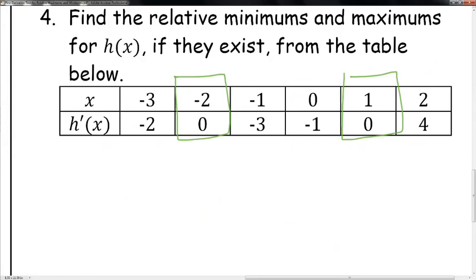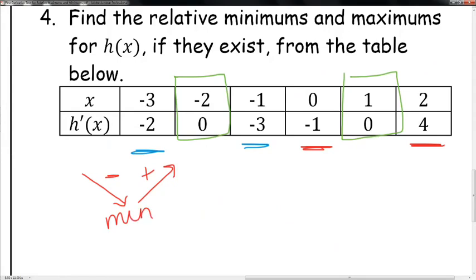And so we're going to look to see on the other sides of our zeros. Well, I go from negative to negative. Well, there's no sign change, so that means there can't be any type of maximum or minimum there. However, over on the other 0, I go from a negative to a positive. And so if I'm going from negative, that's a negative slope, to a positive slope, that means I have a minimum.